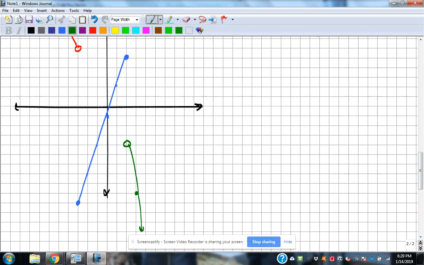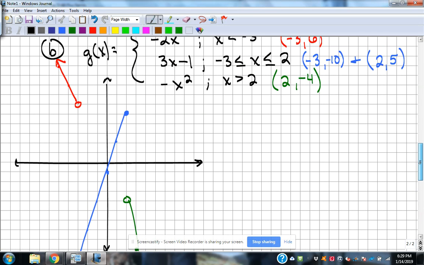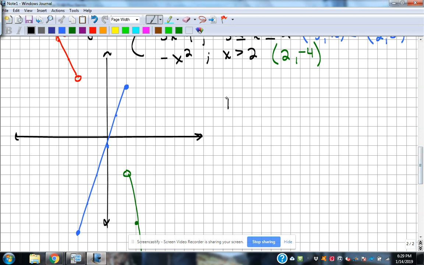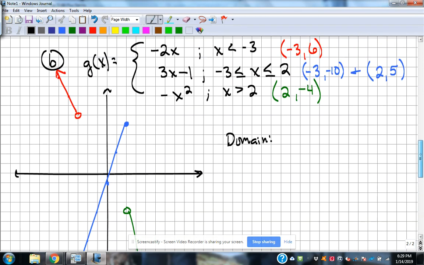Now, from there, let's talk about the domain and the range of that. What about the domain? Looking at our inequalities up here and our graph, what do we know about the domain?